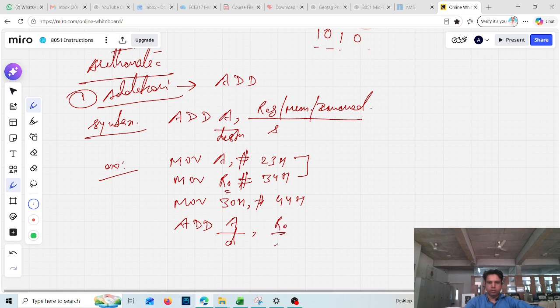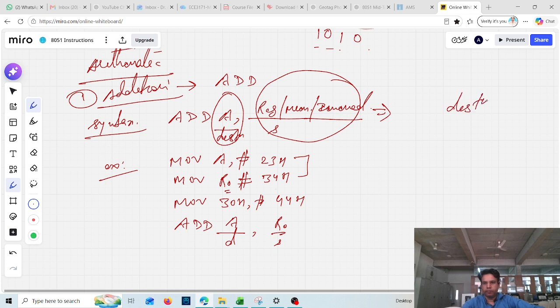First of all, the meaning of this instruction is that the value of A will be added with the value of the source, and it will be stored in A. That is, destination plus source is added and stored back in the destination, and here the destination is always A. So A equals A plus either a register value, a memory address value, or an immediate value.